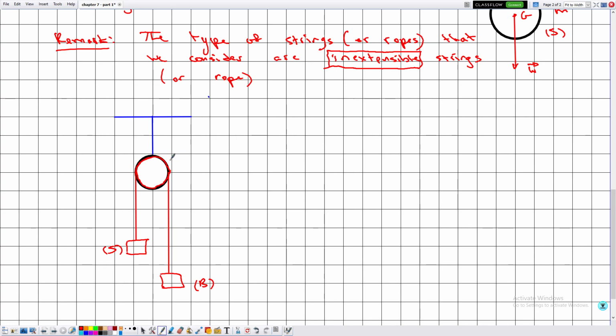This is the pulley, and this is the support.